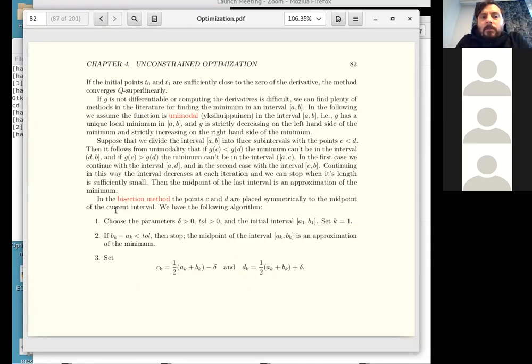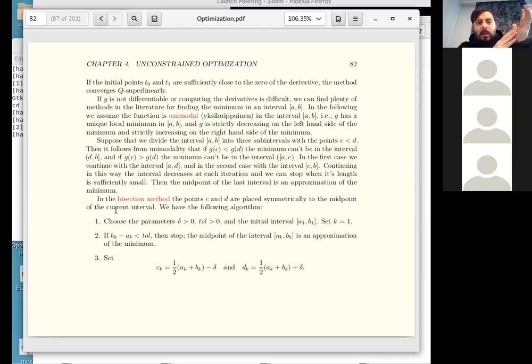Literature tells us many ways to find a minimum if we know a bounded interval. If the function is so-called unimodal, meaning that it goes down and then up, so it doesn't have a bumpy ride in this interval, so we know some interval where it first goes down and then goes up, we can do an approximation.